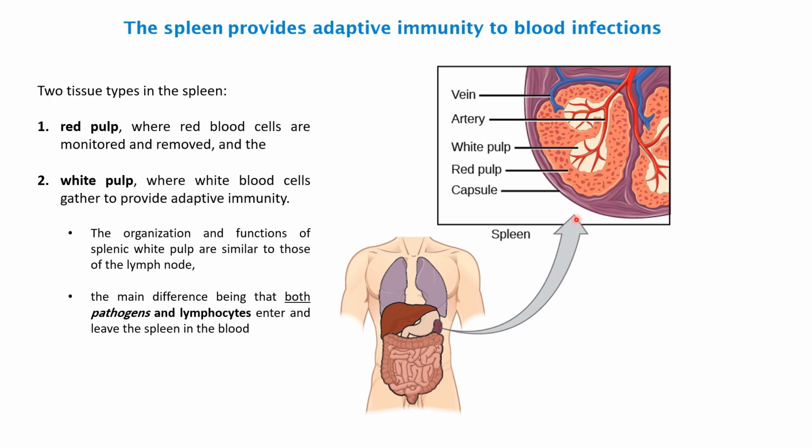So lymphocytes enter via the blood in both the lymph node and the spleen, but pathogens enter the spleen via the blood. Any blood-borne parasites will be cleared via the spleen, whereas pathogens that reach the lymph node don't enter via the blood; they enter via the lymphatics.